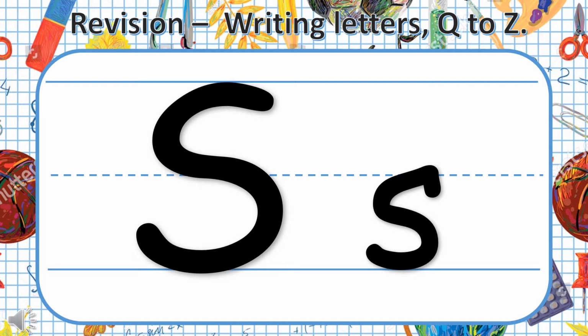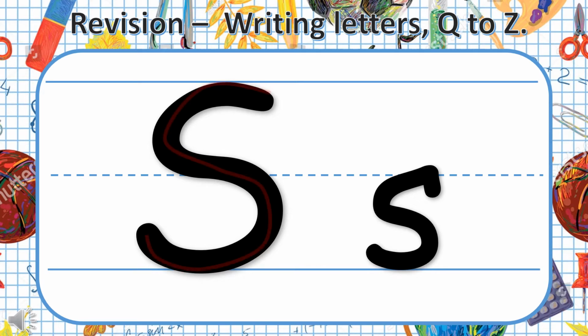Now we're going to look at the uppercase S. And you know from the ABC song that S is a curvy line like a snake. So we're going to take our pencils and we're going to put it just underneath the top line, and we're going to start by making a kind of a circle.